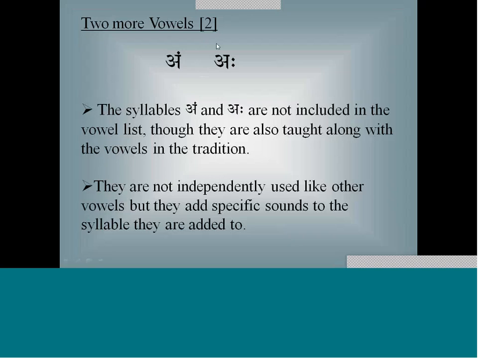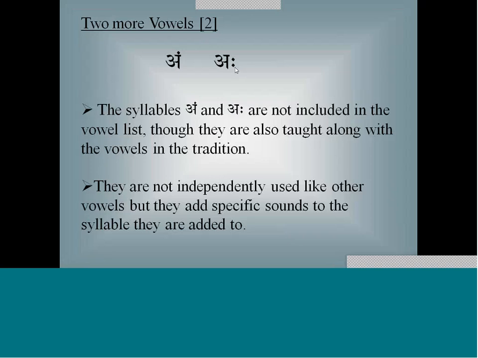These two letters are not included in the vowel list because these two are only sample syllables given for the nasal sound, and similarly for aha, the sound of what you call the visarga, that you'll see what it is.